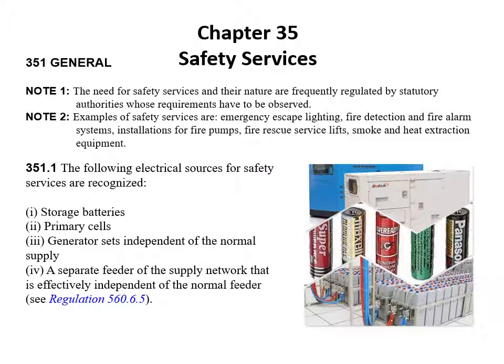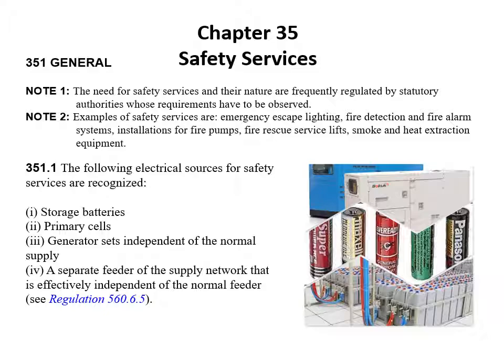Safety services, of course, can be things like backup generators, storage batteries, primary cells, generator sets, even a separate feed. And the need for safety services and the nature and the frequency that they need to be maintained is also sometimes laid down by statutory authorities.